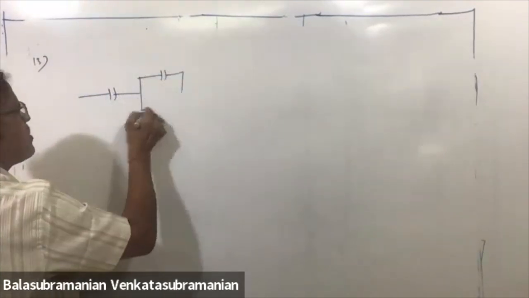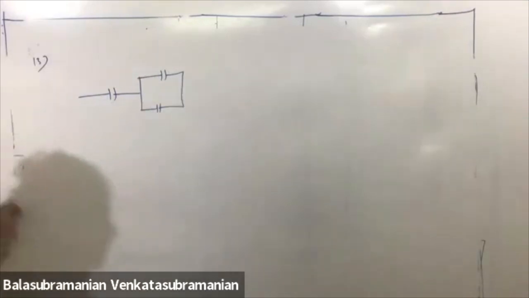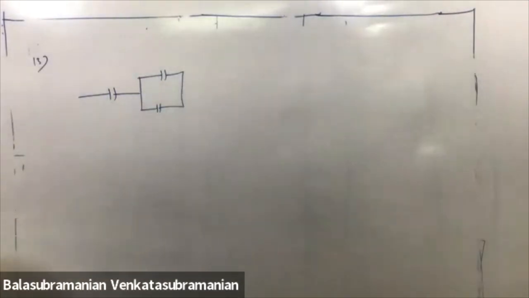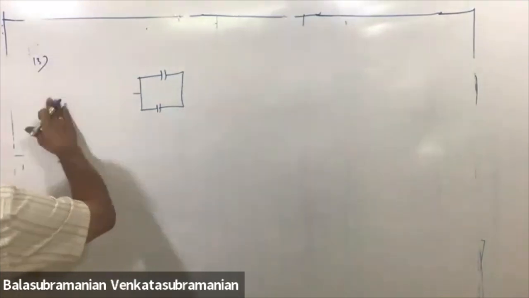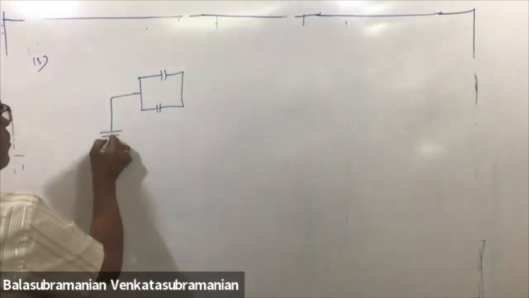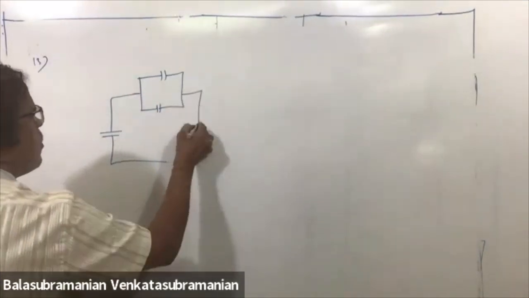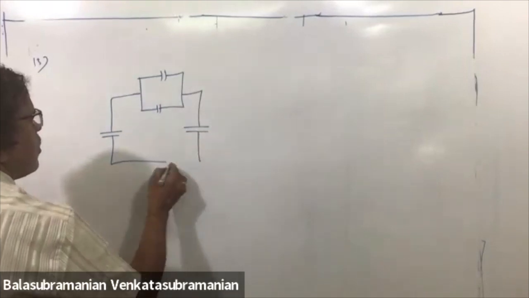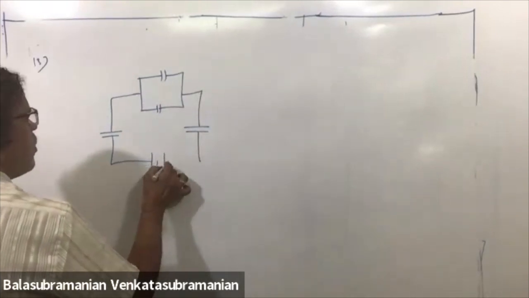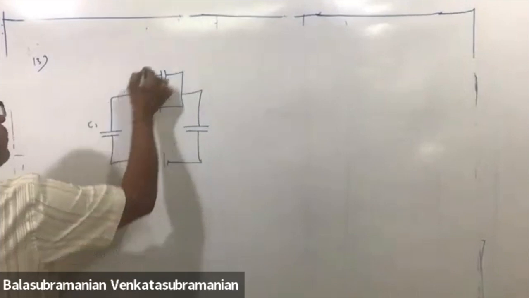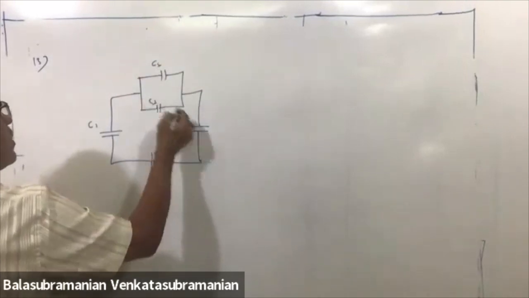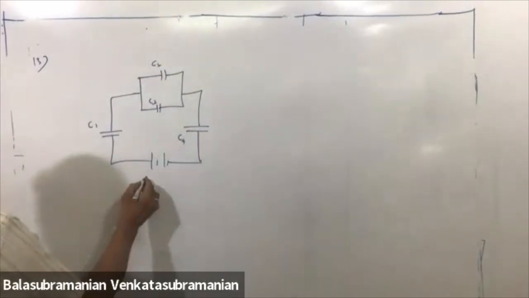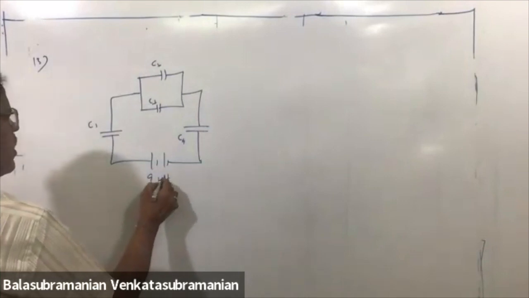For the capacitances given, calculate the resultant capacitance. C1, C2, C3, C4. This is given as 9 volt.